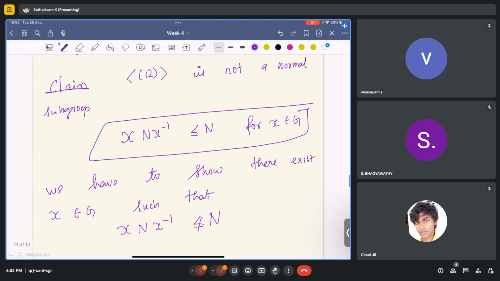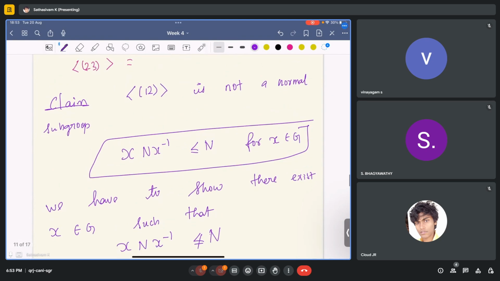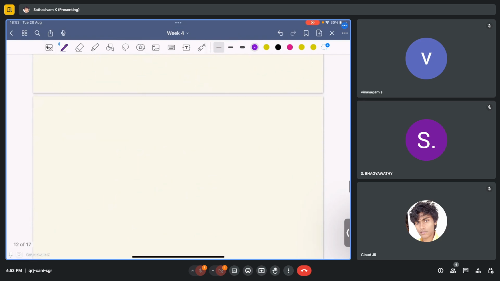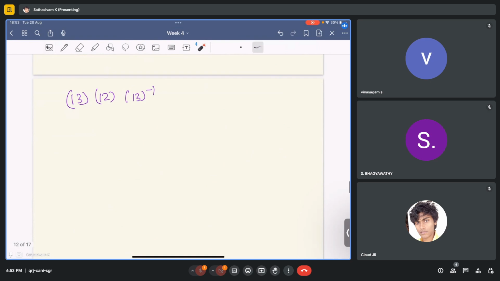So let's try to find some x. Let's just try all the combinations and see which one works. So let's say I took (1 3), then (1 2), and then (1 3) inverse. You can observe that (1 3) inverse is actually (1 3), because if you do it twice, you get the identity.